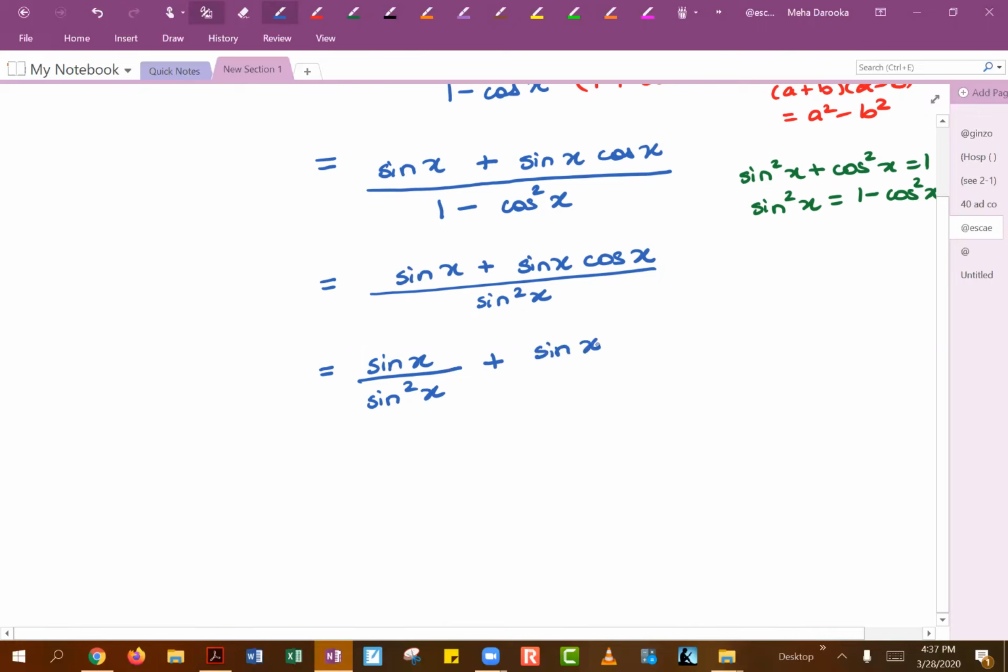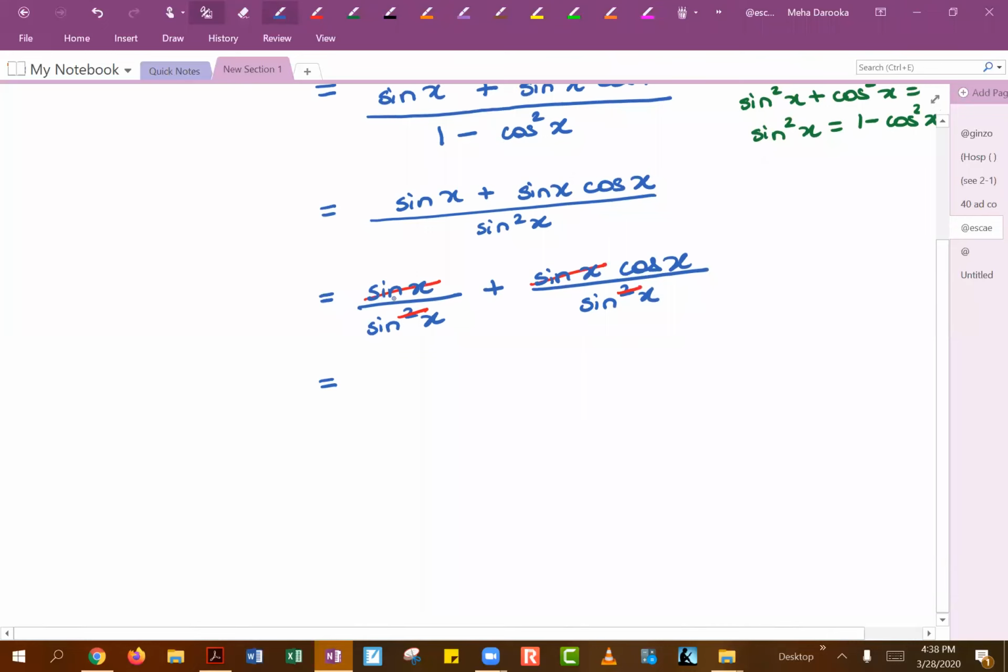So that's going to be sine of x times cosine of x, and again, same denominator, sine squared of x, okay? So like you saw in the example before this one, sine of x will cancel out one sine of x from the denominator. This sine of x will cancel out one sine of x from the denominator. So since my numerator canceled out, you can put a 1 in its place.